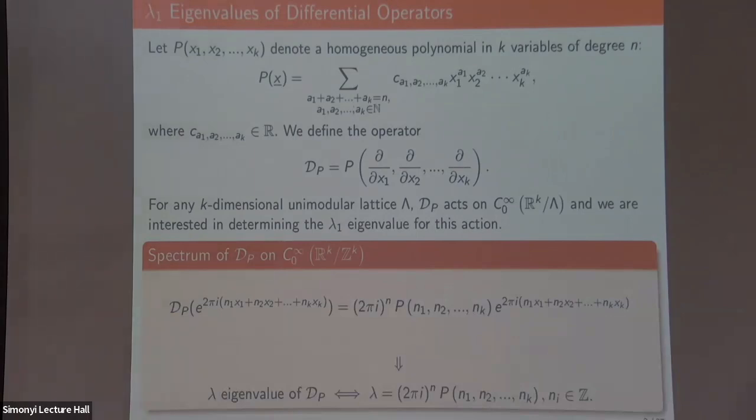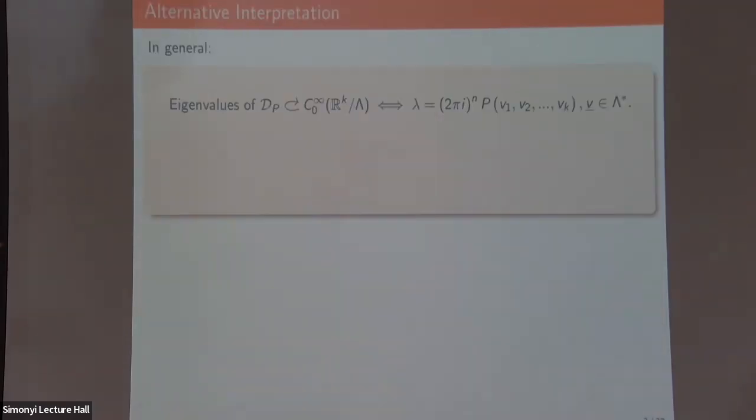So when we're looking at the first eigenvalue, we're essentially looking at the smallest value our polynomial attains at the vectors of the lattice. And this is not true just for the integer lattice, this is true for every lattice. So if D_p is acting on the functions of the torus R^k mod lambda, the eigenvalues are equal to 2 pi to the n multiplied by the polynomial evaluated at the vectors of the dual lattice.